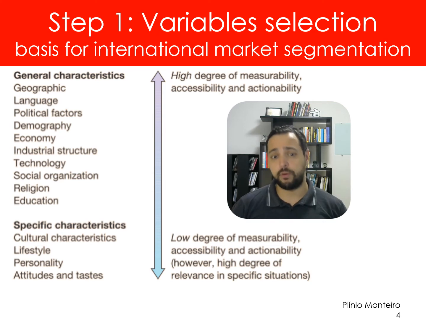They will show you a lot of information about industrial structure that you can use for creating your segments. And social organization, so how the society is organized in general, what the levels of power are and so on. And finally, you can look at religion and education to try to create these segments.